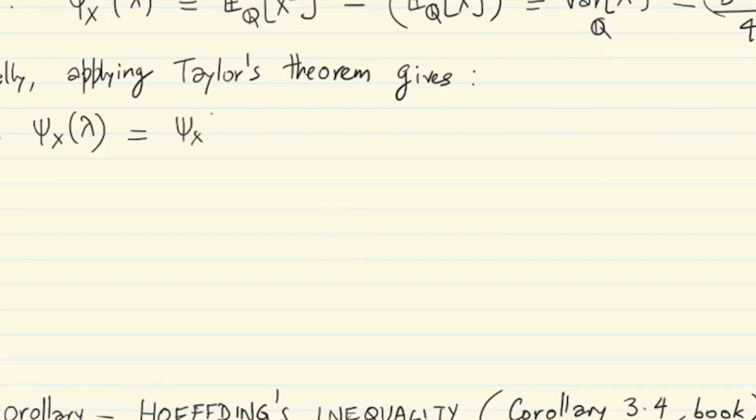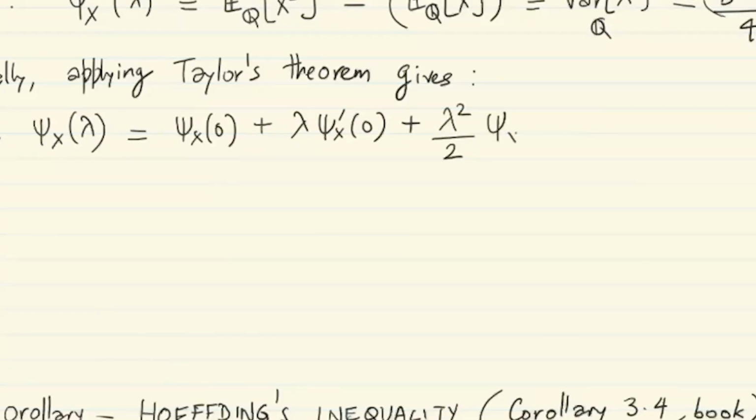So you have cx of 0 plus lambda times cx prime at 0 plus the second order term is going to be lambda square by 2 cx double prime at some number theta between 0 and lambda.